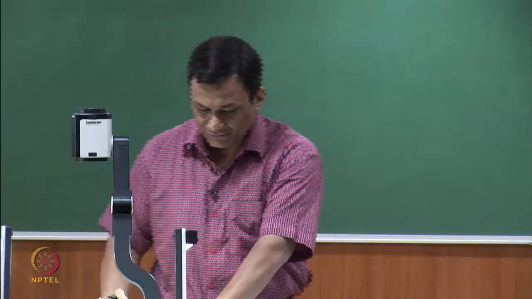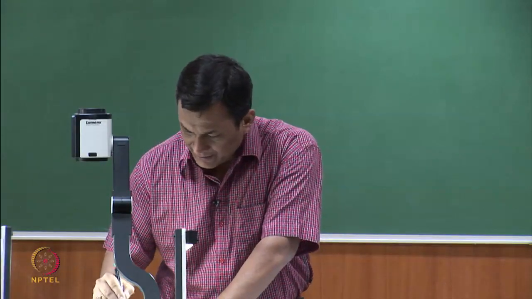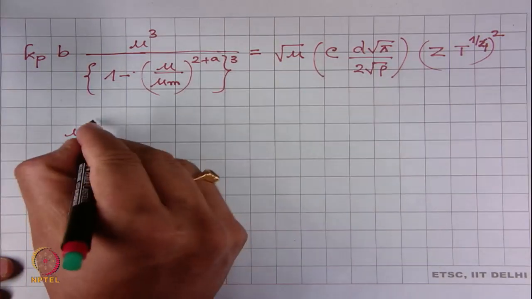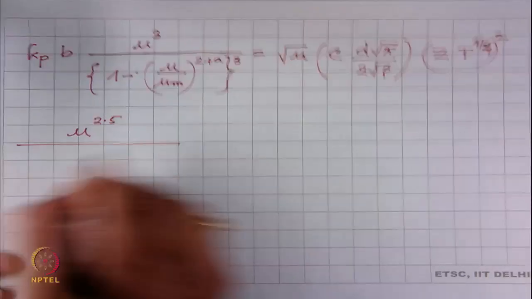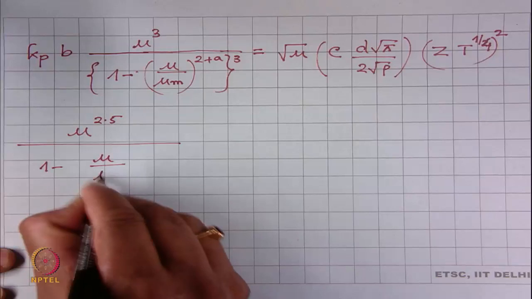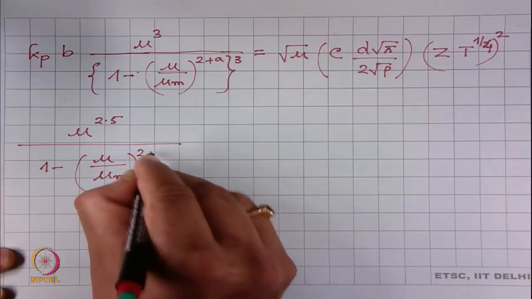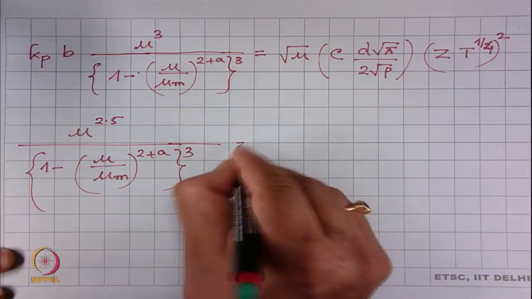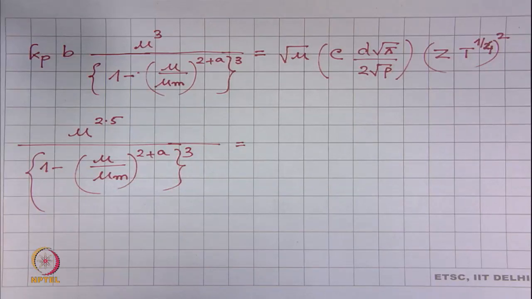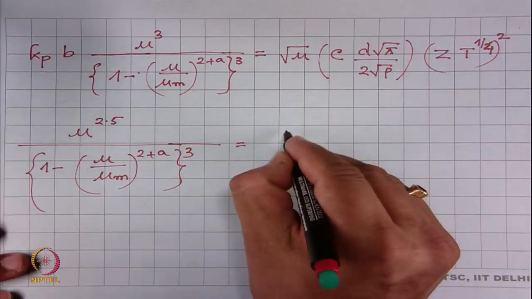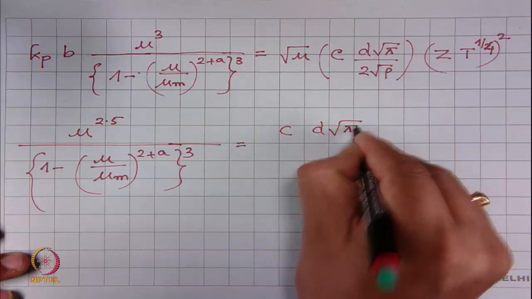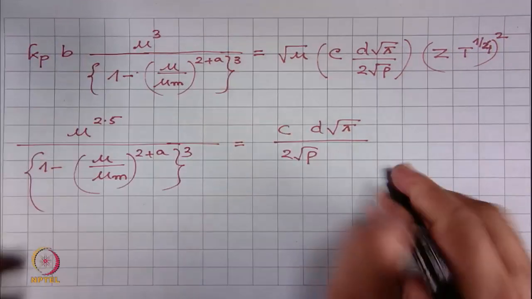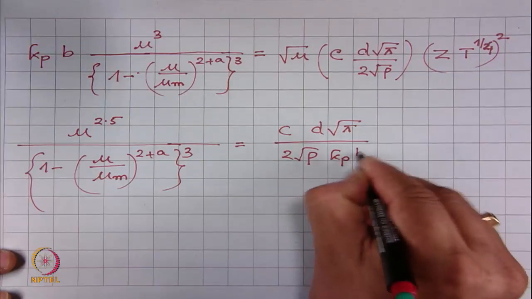Now, if we make it in a better manner, say mu to the power 2.5 divided by 1 minus mu by mu m to the power 2 plus a cubed is equal to C d pi by 2 root rho, and this K p and b will come, K p and b.